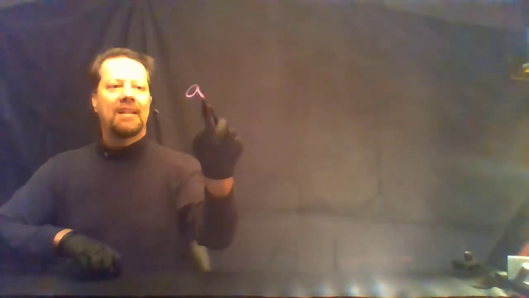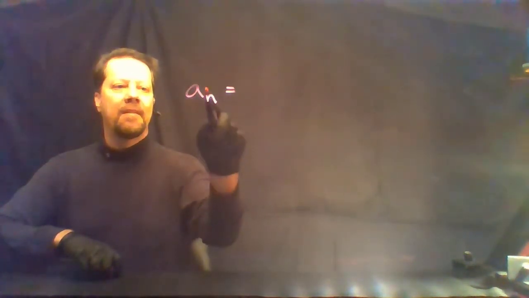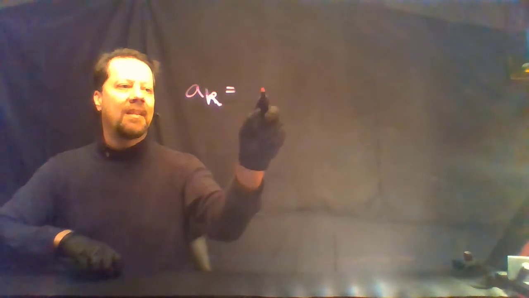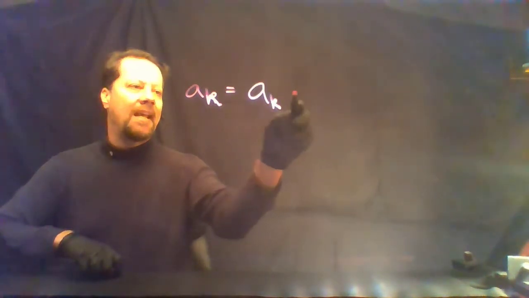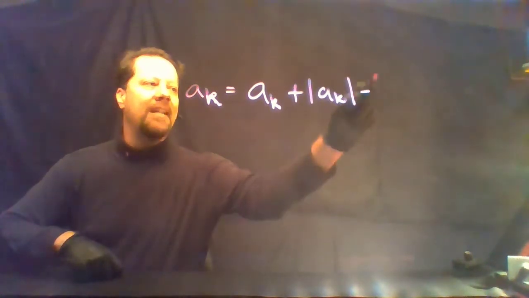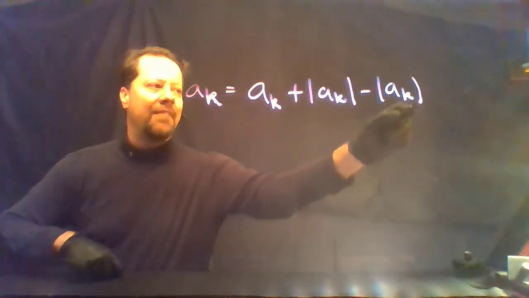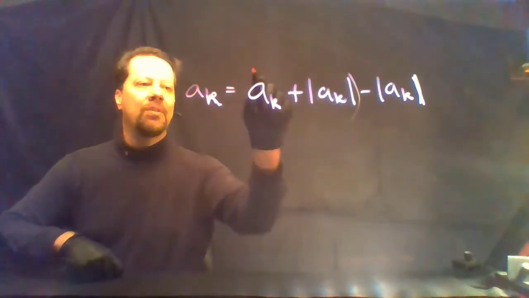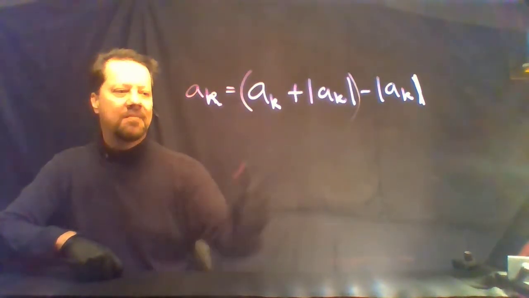To prove that the original series converges, we'll play a little game. a sub k is going to be a sub k plus the absolute value of a sub k minus the absolute value of a sub k, where we're going to group these right here.